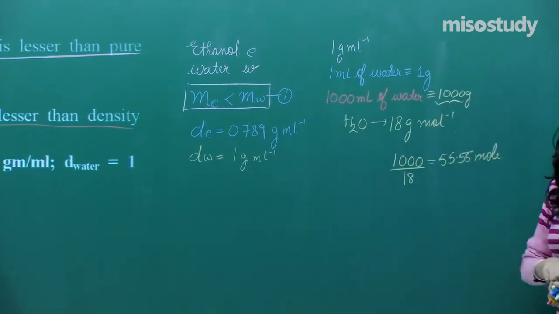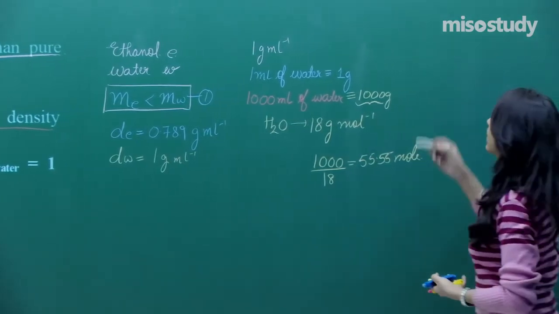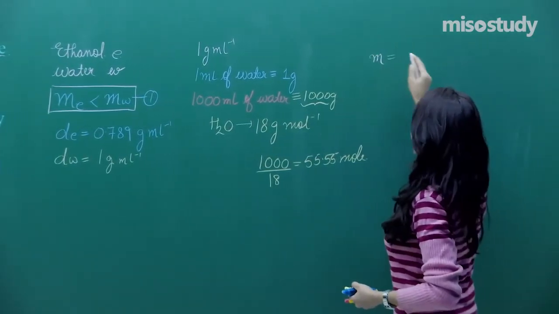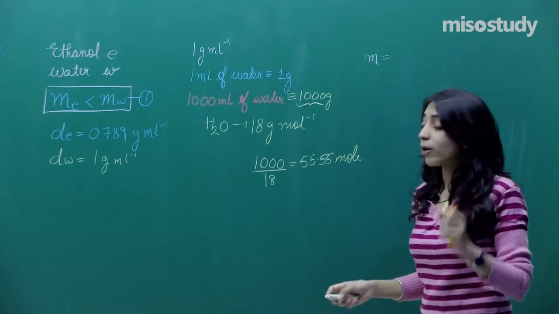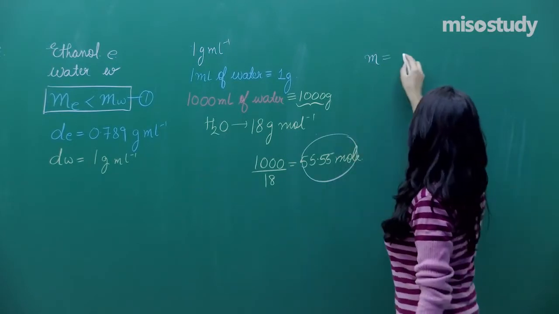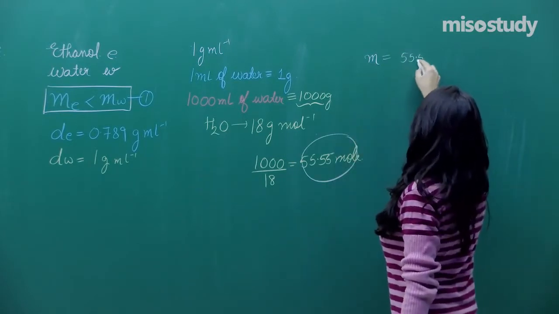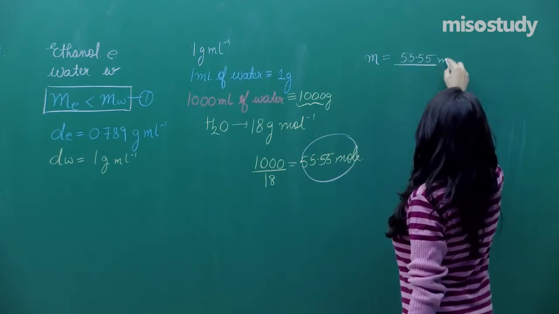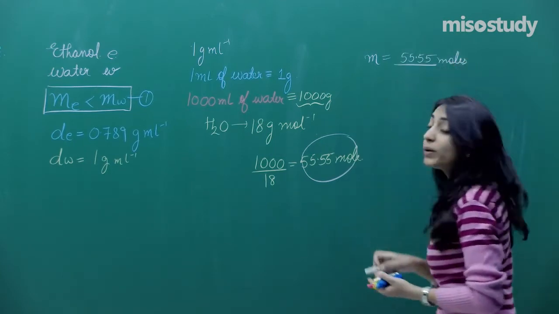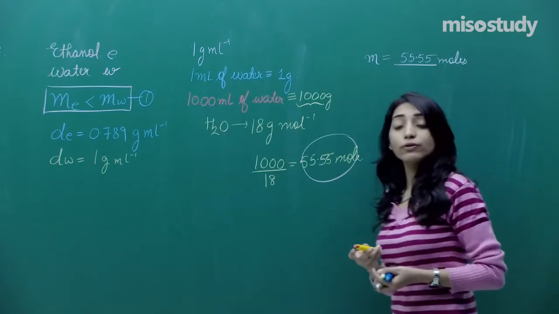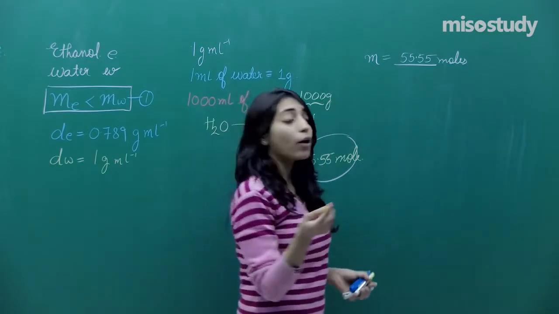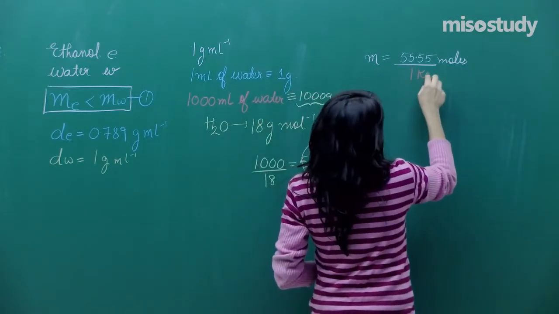Okay. So what should be the molality? Now the molality will come out to be the number of moles of water, which is 55.55, to be divided by the mass of solvent in kg, which is 1000 grams, so 1 kg.